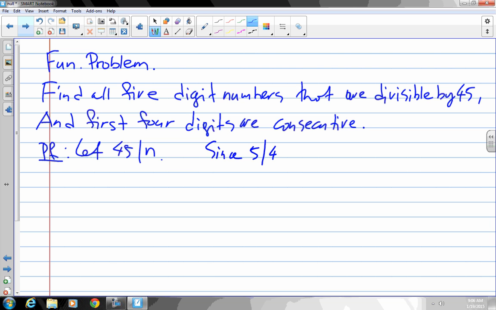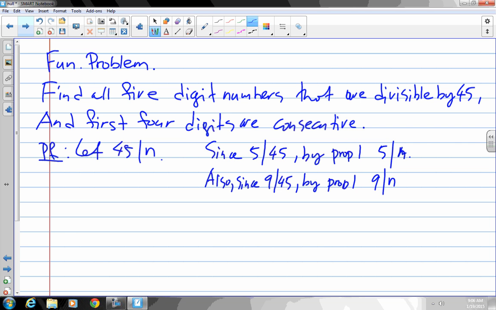5 divides 45, by the property we just proved, by property 1, 5 has to divide our number, right? You agree with that? Also, since 9 divides 45, by property 1, 9 divides our number n.